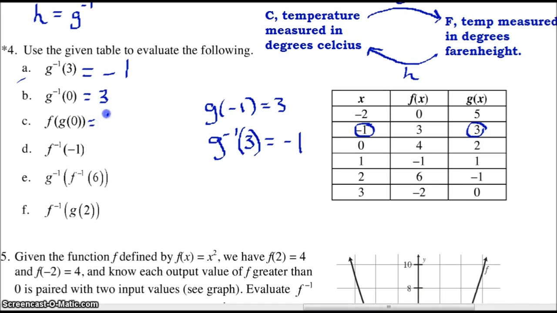f of g of 0, this is a review. g of 0 is 2, and then f of 2 is 6. f inverse of negative 1, here's negative 1, and we will just want to go back to find the original input. x is 1.